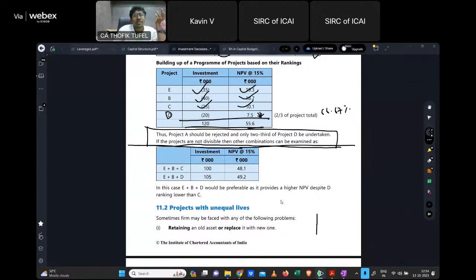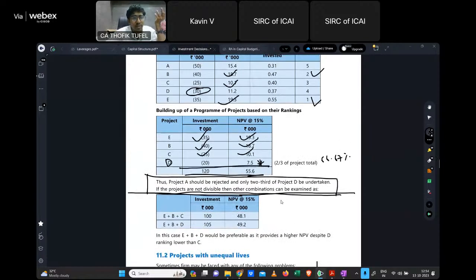You cannot do part projects. So E plus B plus C you will take. Another combination is E plus C plus D, because A you will definitely reject. You don't have the money, so either you take B or you take C, and then you see where the NPV is higher. E plus B plus D has the higher NPV, so just take this.